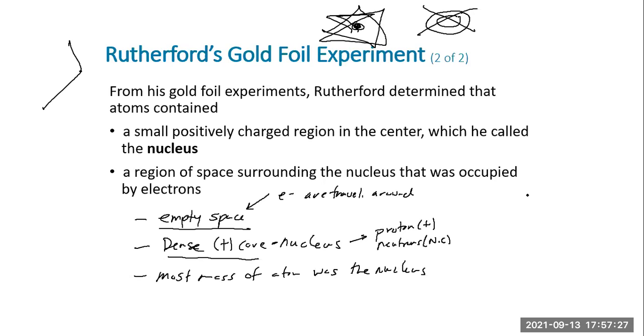The mass of a proton and a neutron are both about 1,800 times heavier than an electron. That also makes sense that most of the mass of the atom was thought to be the nucleus, because within the nucleus we have protons and neutrons, and each of them individually is about 1,800 times heavier than any electron.